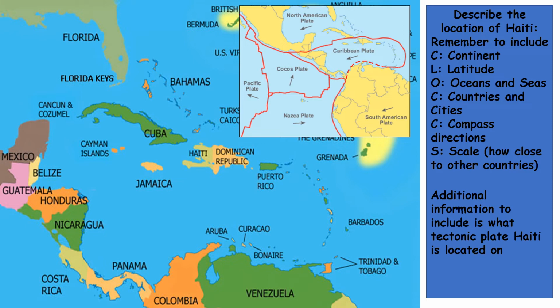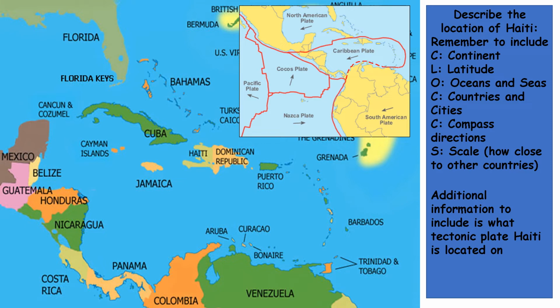Compass directions. Now with the compass directions, you don't just say it's north or south. So in your description, you want to include compass directions, normally when you're thinking about the countries and cities that it's nearby. So for example, Haiti, you would say, is to the west of the Dominican Republic and southeast of Cuba. Something along those lines. And you could say that it's in a group of islands south of Florida.